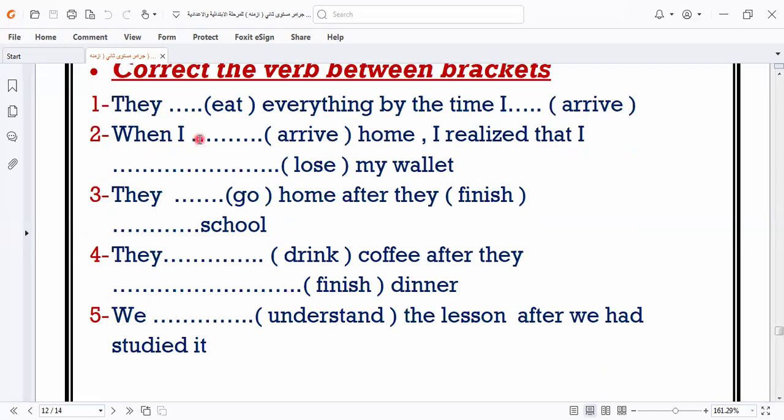When I arrived, well, this tense is about when I arrived. When I arrived home, I realized that I had lost my wallet.